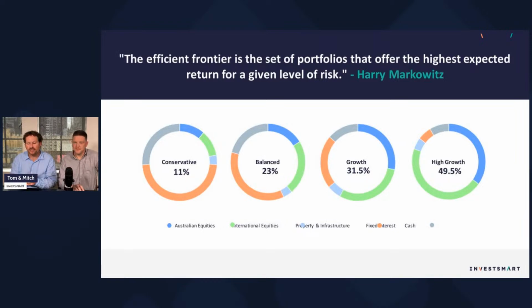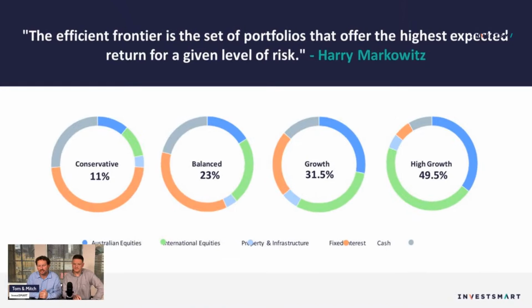What we've highlighted here, the green component, is international equities. Even in a conservative portfolio where someone's retired and living off their income, we do still allocate a portion of capital to international equities. The reason is you still need a bit of growth in that phase of life.